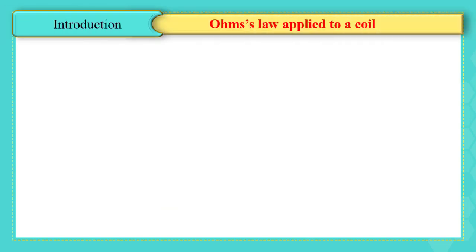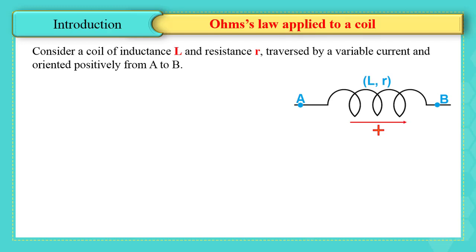Ohm's law applied to a coil. Consider a coil of inductance L and resistance r, traversed by a variable current and oriented positively from A to B. The positive direction chosen is independent of the direction of the electric current.